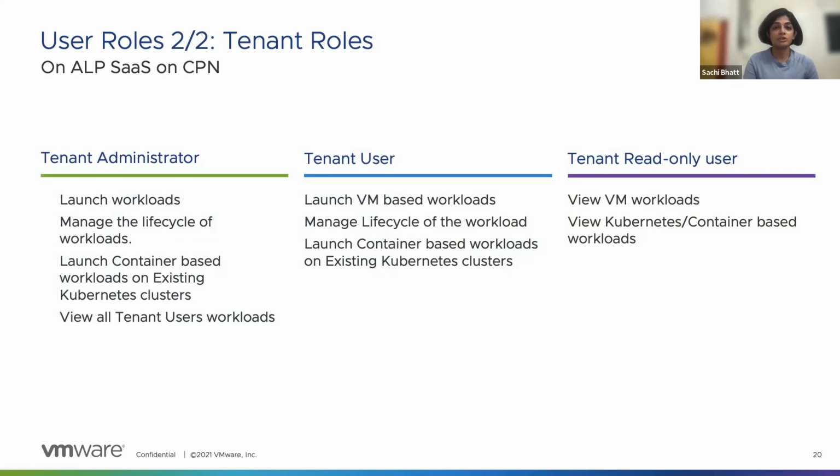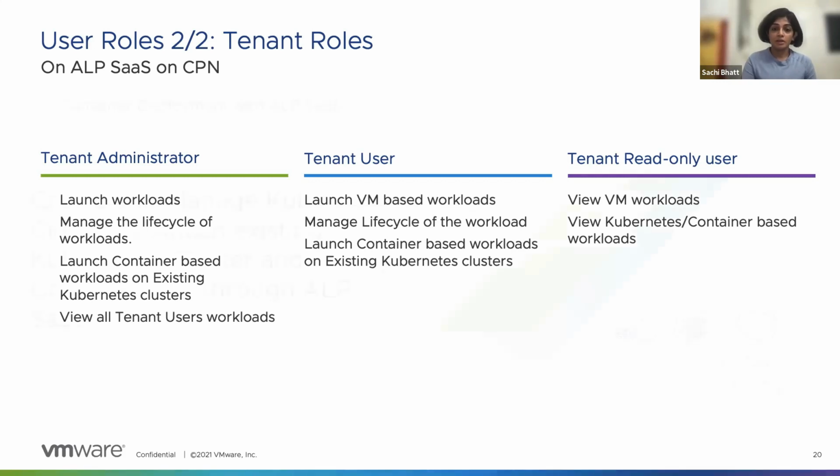They can launch applications for different users, and they can deploy container-based workloads on existing Kubernetes clusters. Tenant user is going to launch any application, and they are also going to view only their own applications. They won't see other users' applications. And then there are some users who are going to just look at the app, going to access the app. So that role is also available.